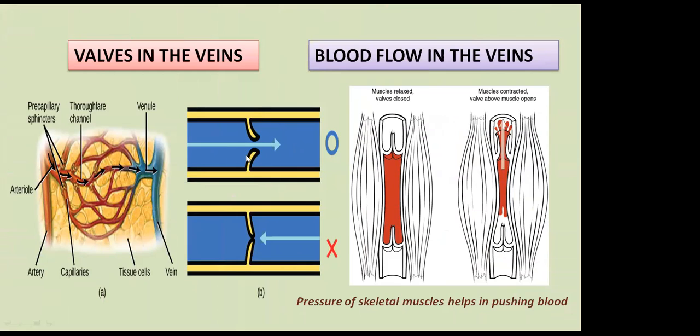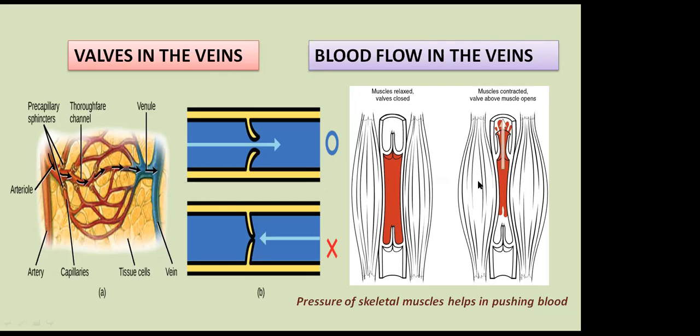As there is no heart for pumping blood into the veins, how is the blood pumped from the tissues to the capillaries and veins? Yes, the skeletal muscles in the body: by the contraction and relaxation of the skeletal muscles, the veins are squeezed. As they are squeezed, blood is moved with high pressure in the veins. So this is the reason.